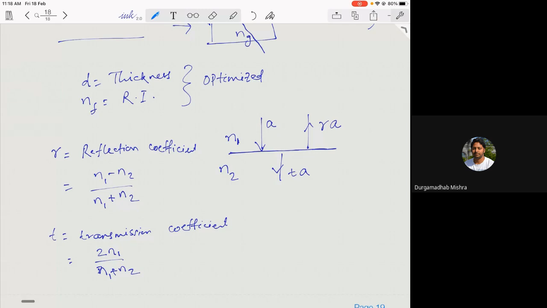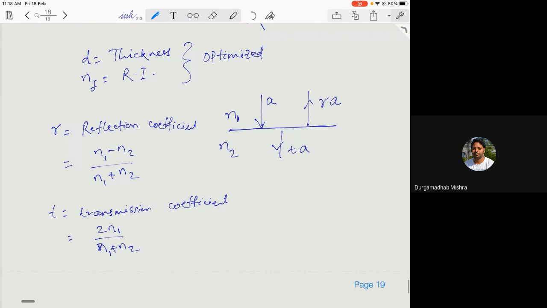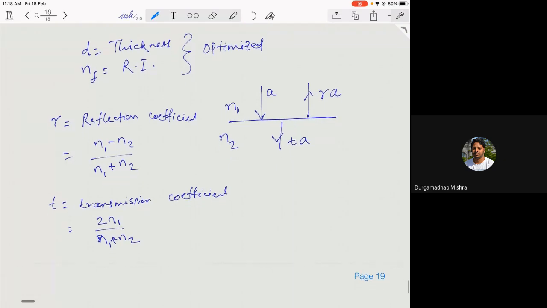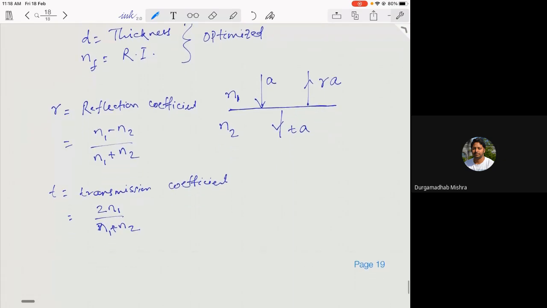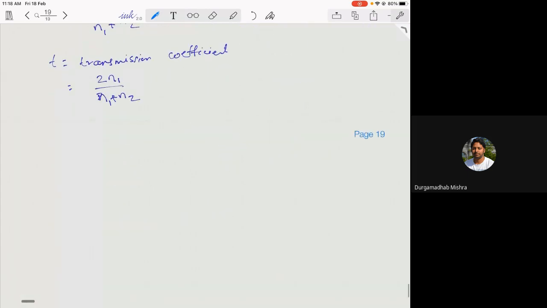So if you know the refractive index, you can calculate the amplitude that is reflected and the amplitude that is transmitted. Take glass, with air on the other side.